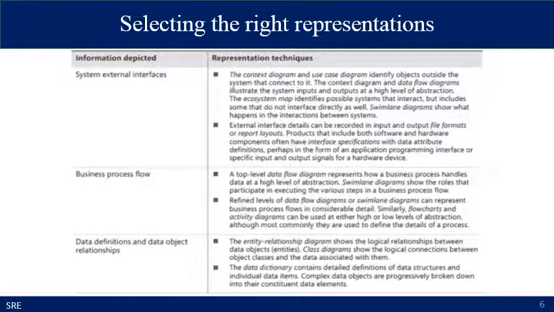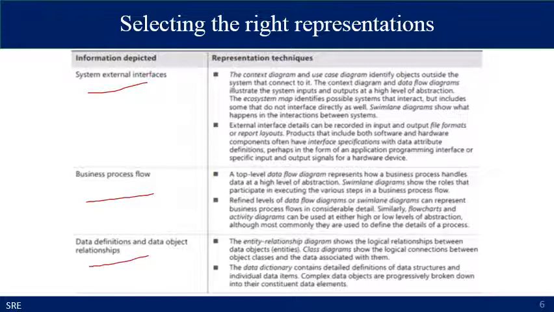We have discussed the external interfaces or system context diagram in the previous few lectures. If you have to represent some business process flow, you can do it by using a data flow diagram that represents how a business process handles the data at a high level of abstraction. Similarly, you can use a swim lane diagram that shows the roles that participate in executing the various steps in a business process flow.